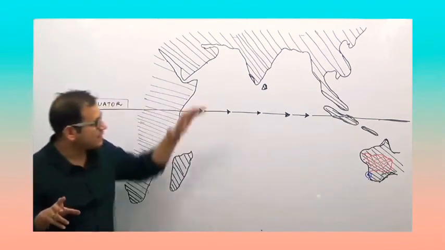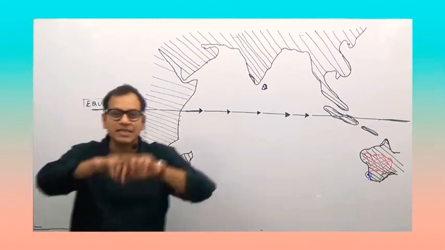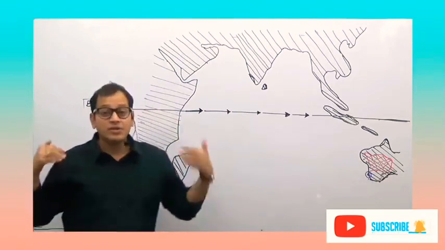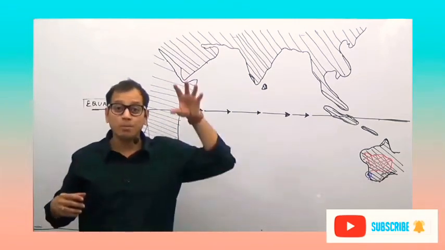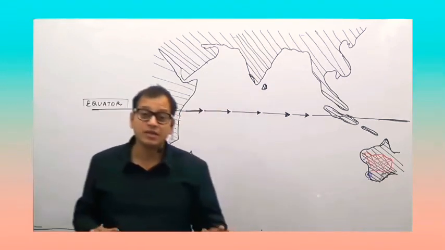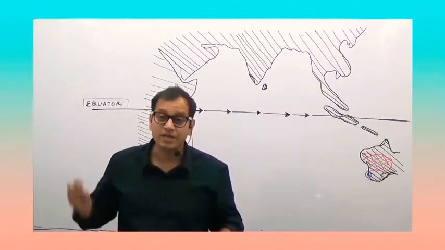That means the northern part of the Indian Ocean is enclosed from all sides, surrounded by landmass. And because it is surrounded by landmass, the monsoon winds and the landmass have a major effect on the currents generated in the Indian Ocean system.